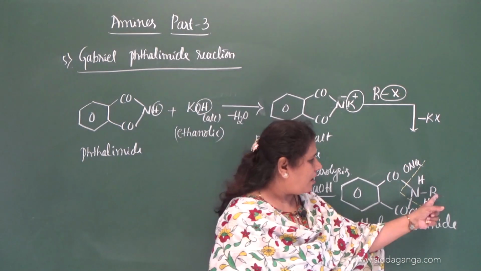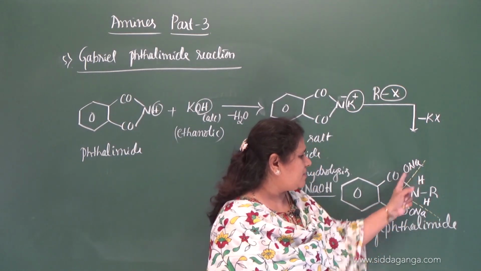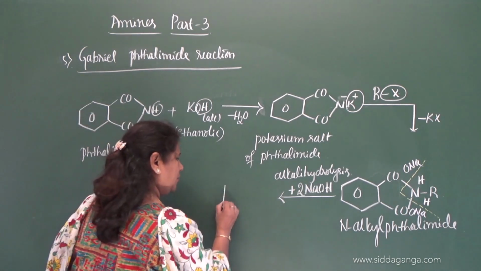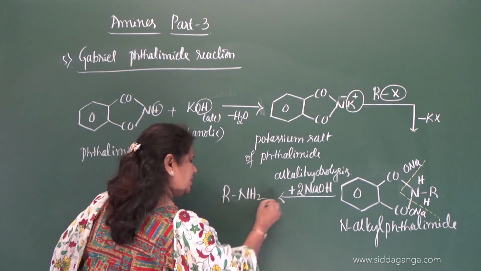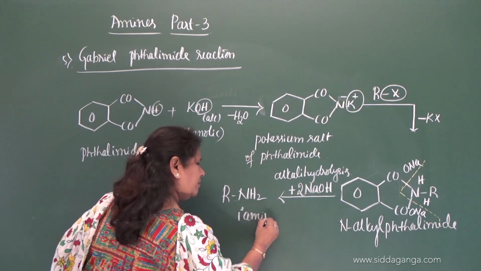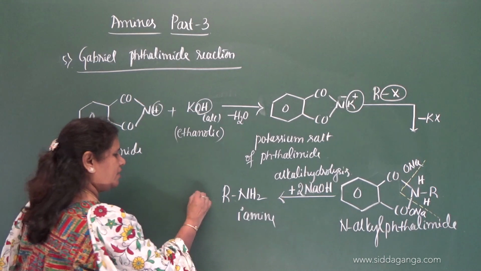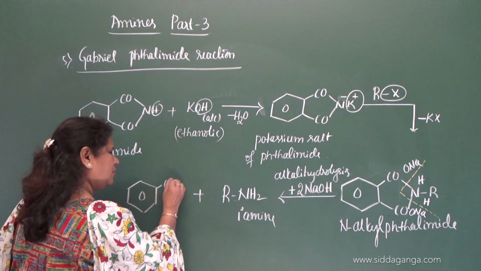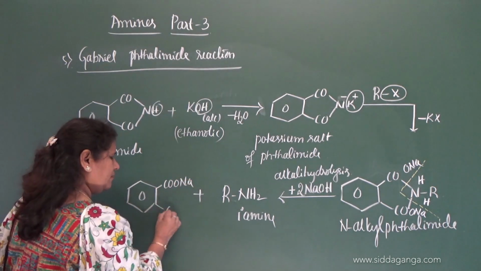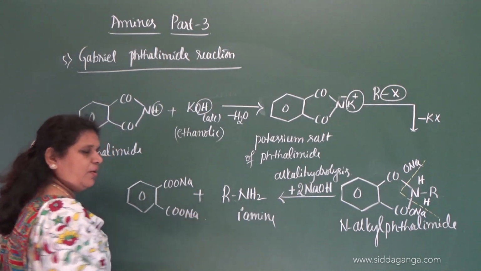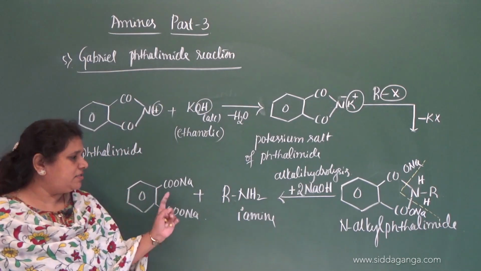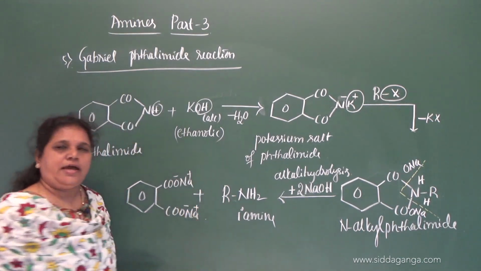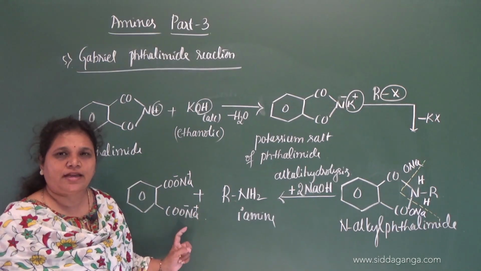Then what do you get? RNH2, and this becomes COONa. So you get RNH2, which is a primary amine, with the formation of sodium phthalate, COO minus Na plus, COO minus Na plus, the salt of phthalic acid.